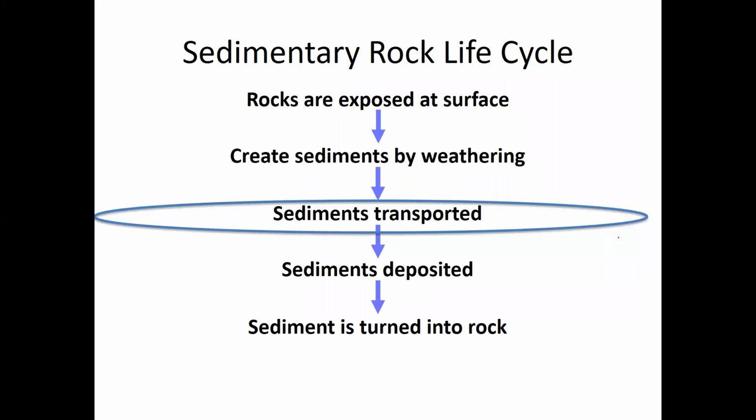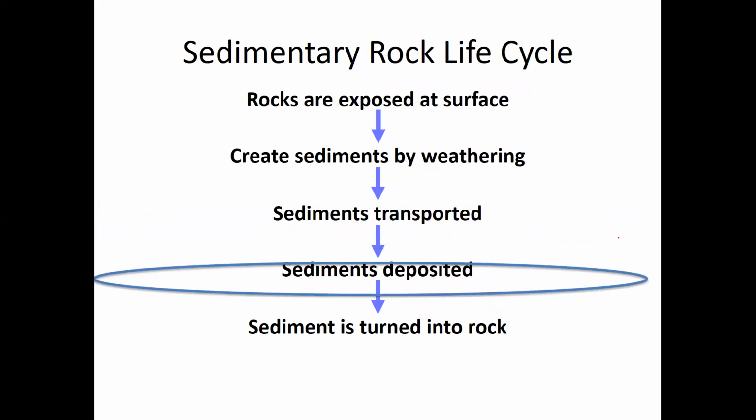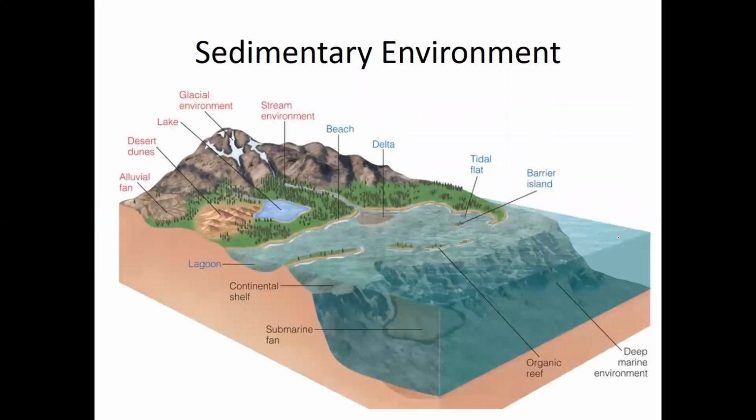So once sediment is transported, it's then deposited or dropped somewhere. An environment in which sediment is deposited is known as a sedimentary environment. Now, there is a large number of sedimentary environments, including glacial environments, where glaciers move and deposit sediment.